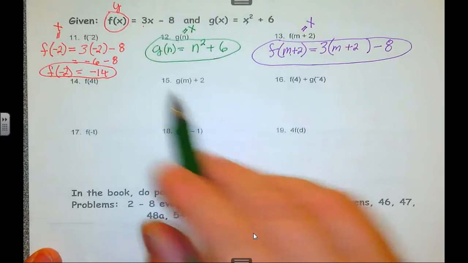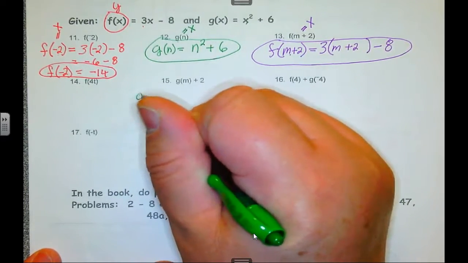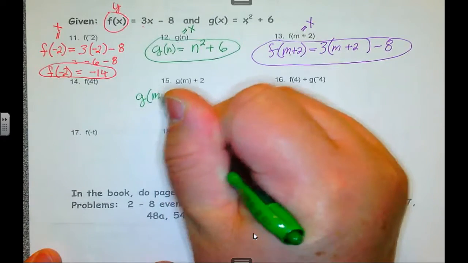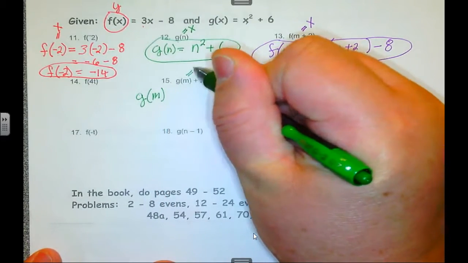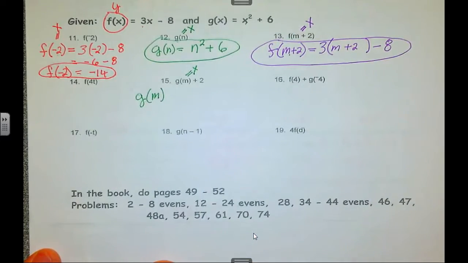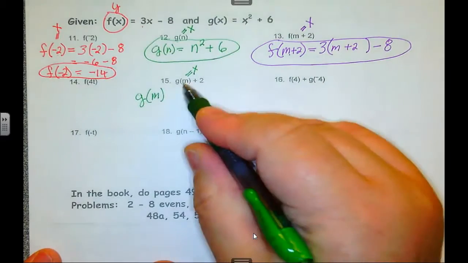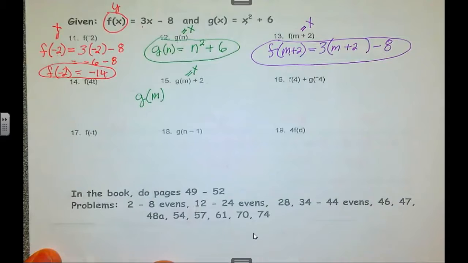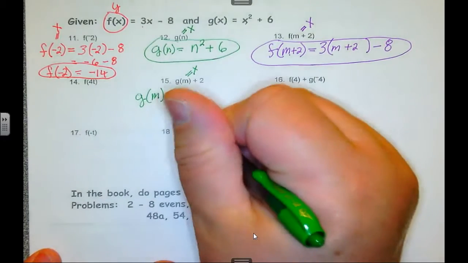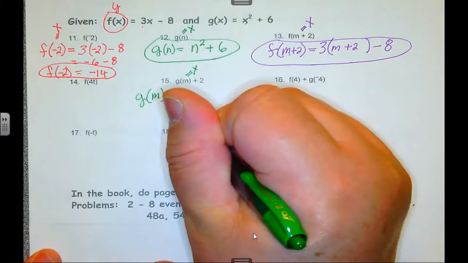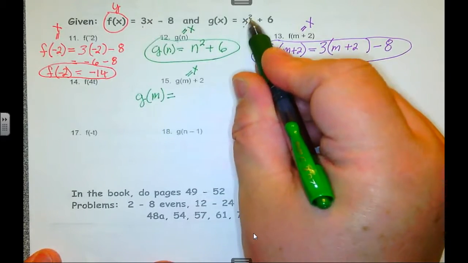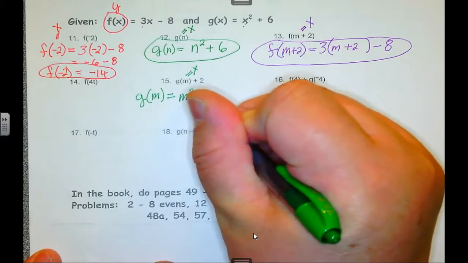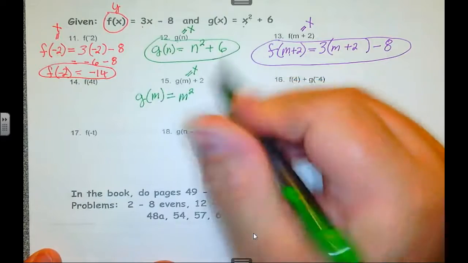Okay, 15. I have the g of m. Remember, the m equals the x. And then after I put in the m for x, I'm going to add 2 to the whole thing. So let's put in m for x. So I have m squared plus 6.